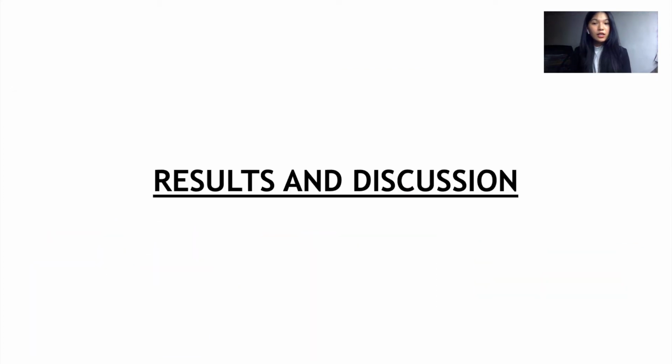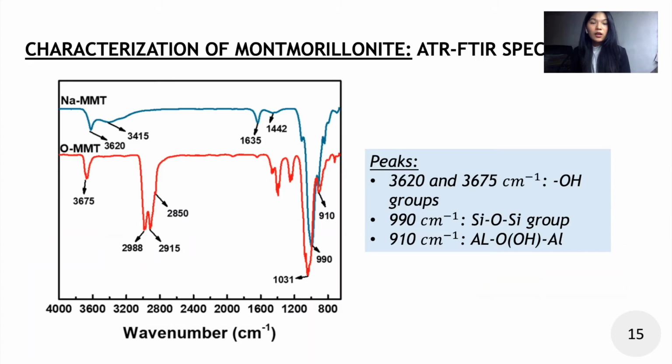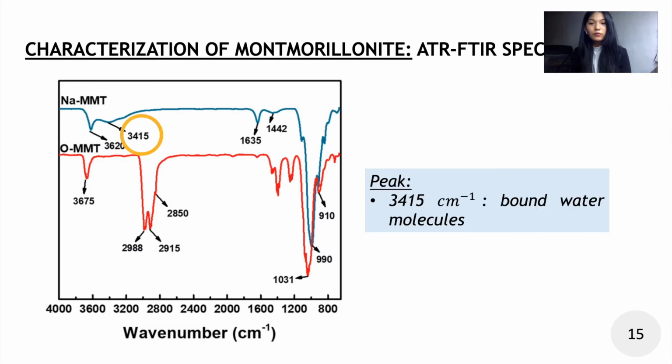For the results and discussion, in the FTIR spectra of the additives, both NaMMT and OMMT have a peak at 3620 and 3675, which corresponds to the hydroxyl group, 990 for the siloxane, and 910 for the aluminum oxide hydroxide.